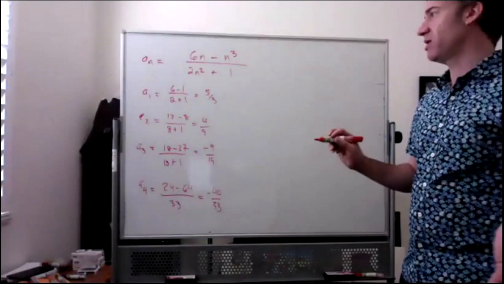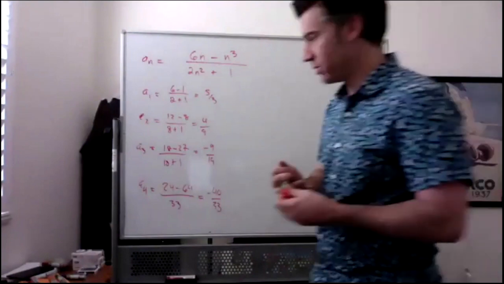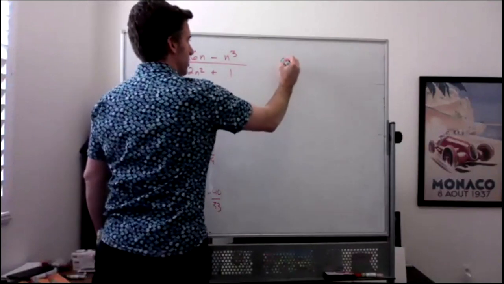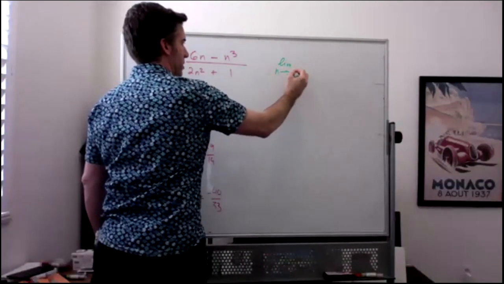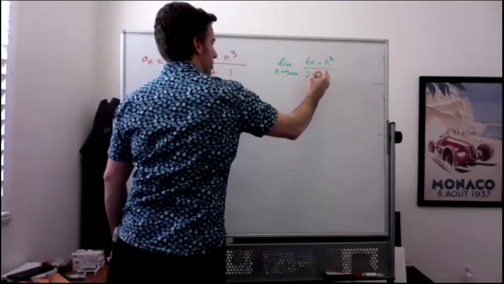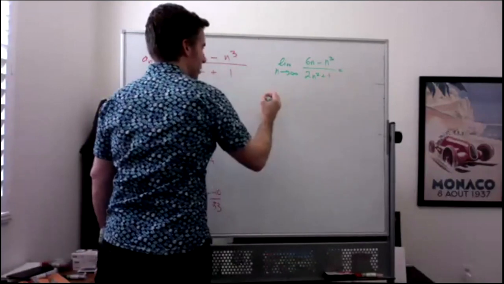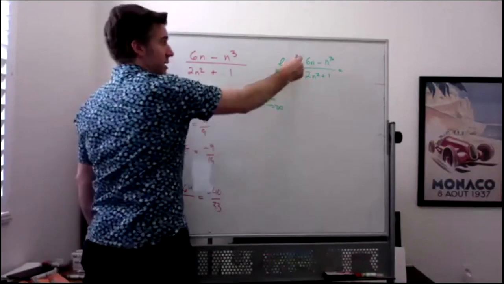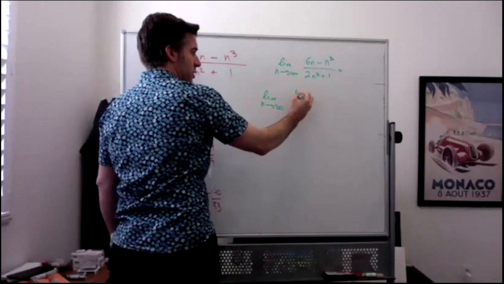But let me actually show you, let's say we went the wrong way for a second. Let's say we divided by n cubed. So I want to find the limit as n goes to infinity of 6n minus n cubed over 2n squared plus 1. If we divide by n cubed, look what happens. 6n over n cubed is 6 over n squared.